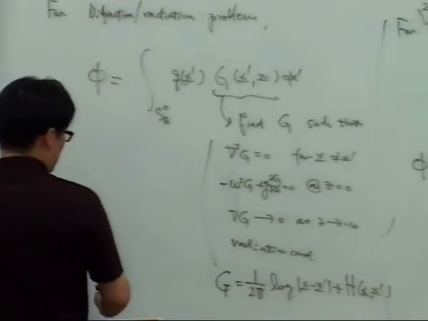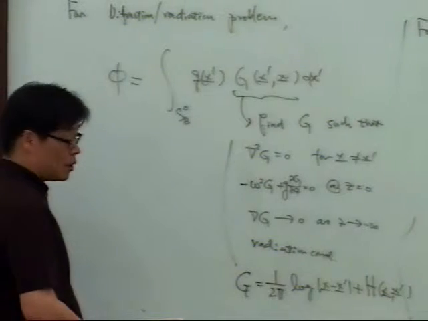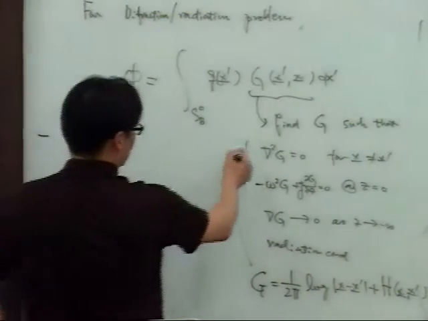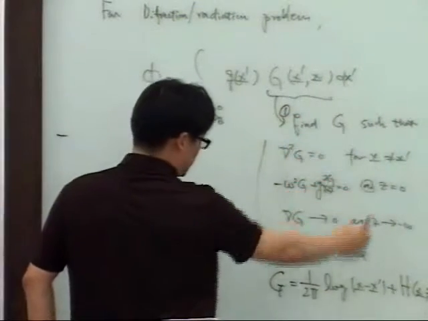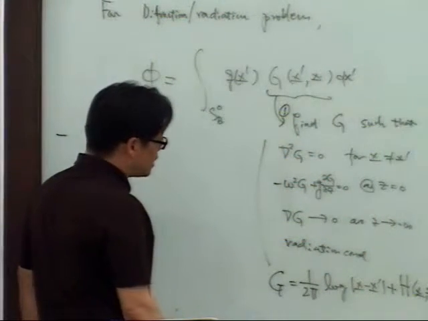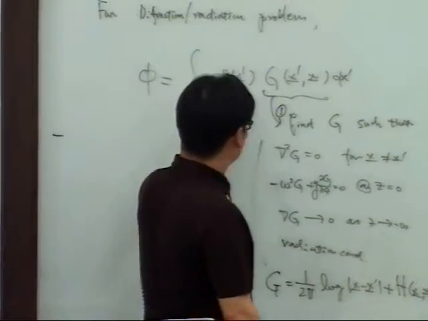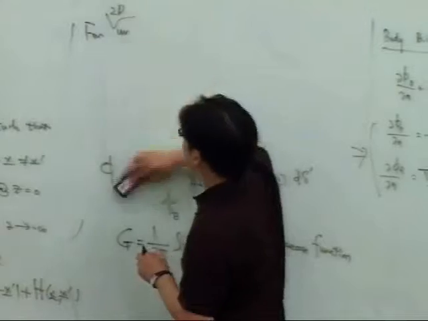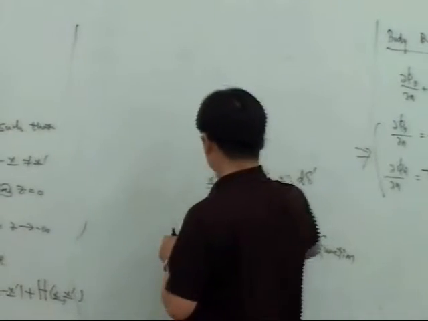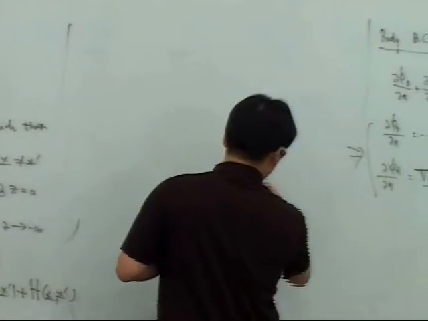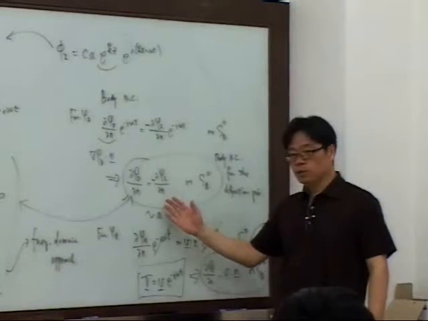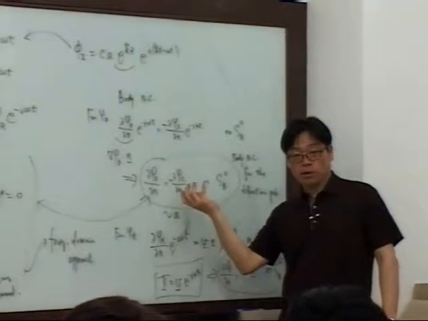what you need to do is impose a body boundary condition. So now, the next step is first find the Green function, and the second step is to find Q by imposing the body boundary condition. For both radiation and diffraction problem, the normal derivative of velocity potential is equal to something that we know.